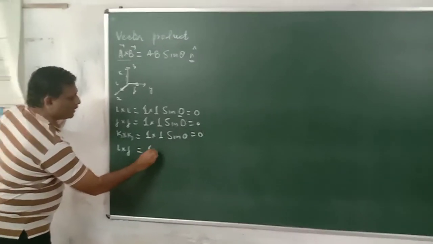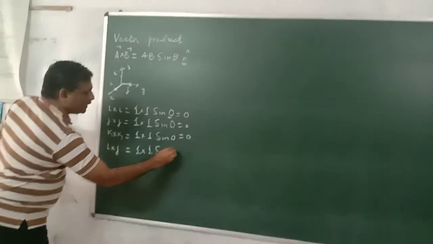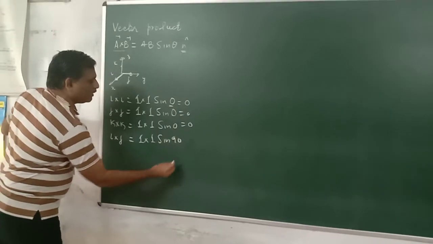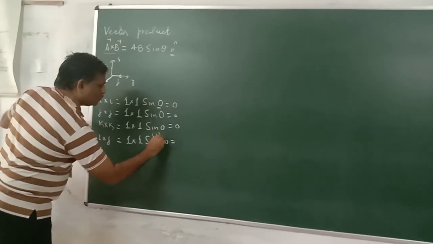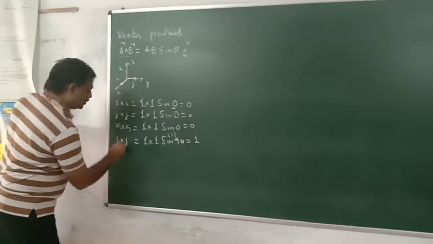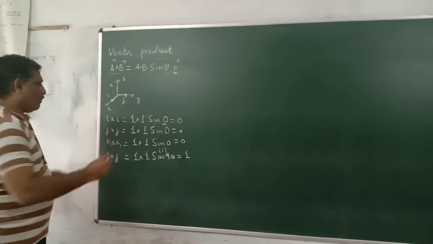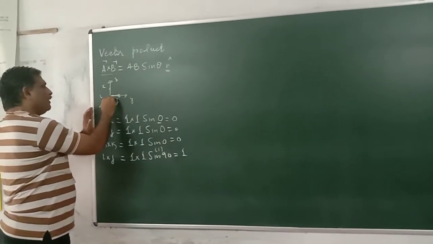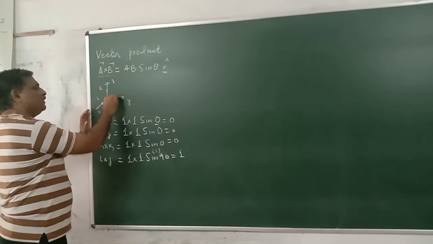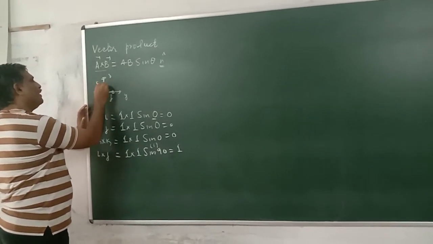The magnitude of i is 1, the magnitude of j is 1, and the angle between them is 90 degrees, and sine 90 degrees is 1. So, i cross j, magnitude-wise, becomes 1. But it is perpendicular to both of them. So, when it is rotated from i to j, that is in the anti-clockwise sense, it will move in the upward direction.